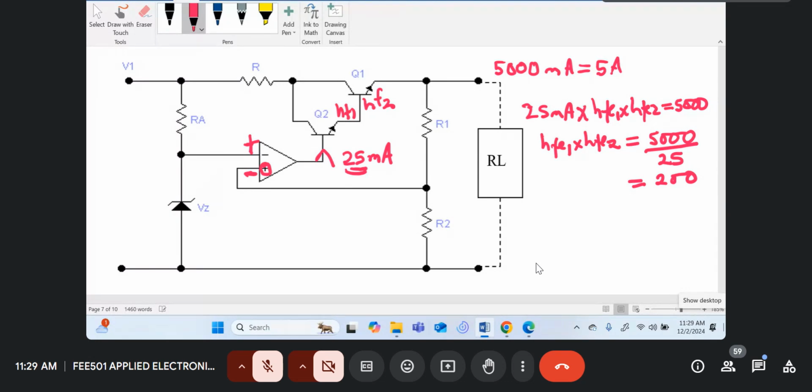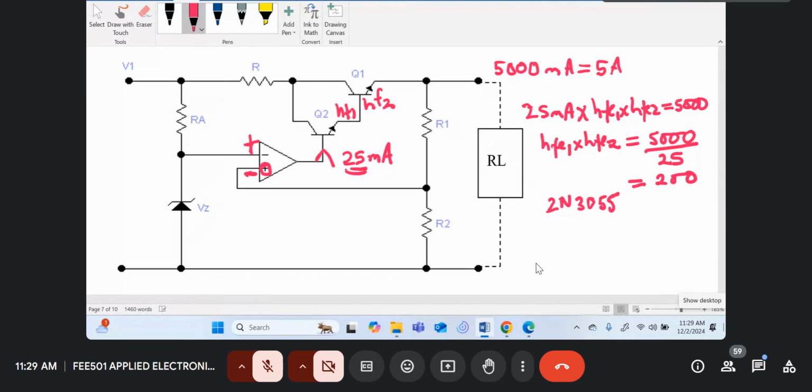Now, for most of the bench power supplies, Q1 is normally a power transistor. And the most common power transistors for labs are normally like the 2N3055.